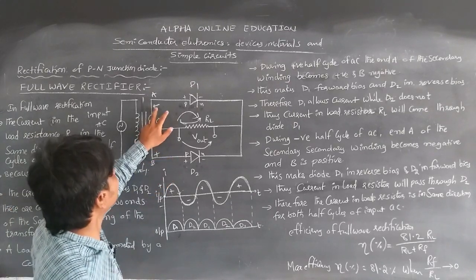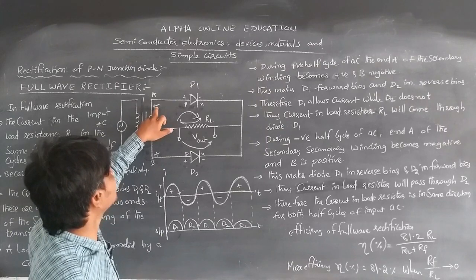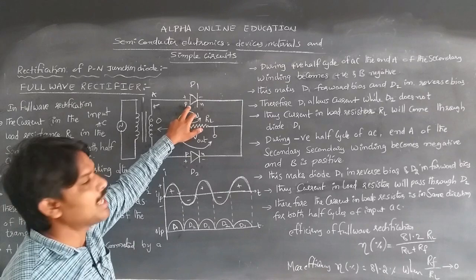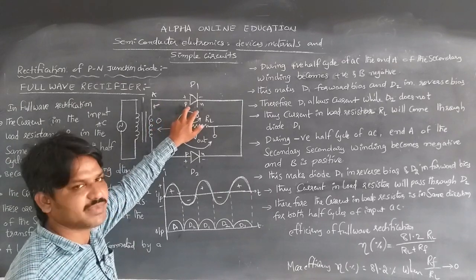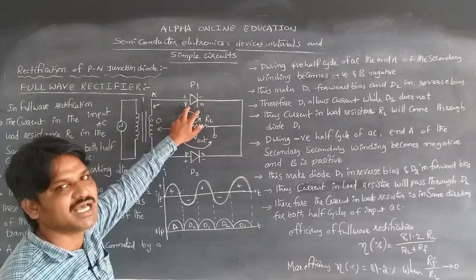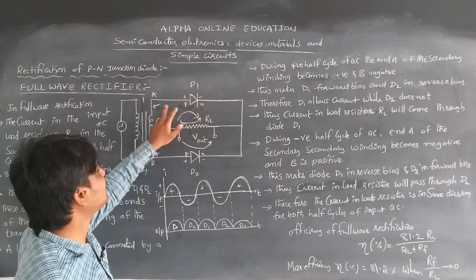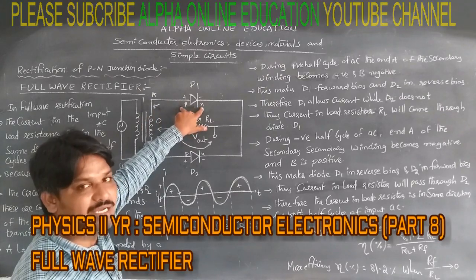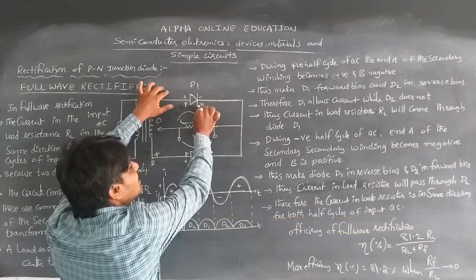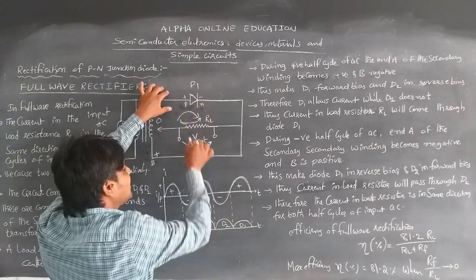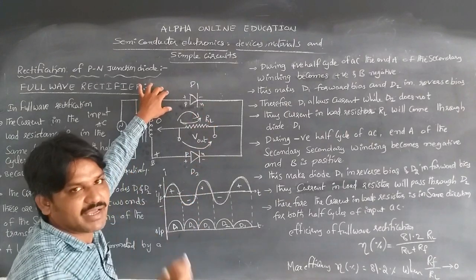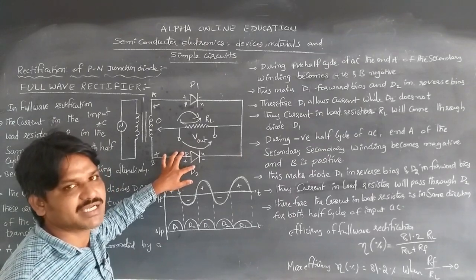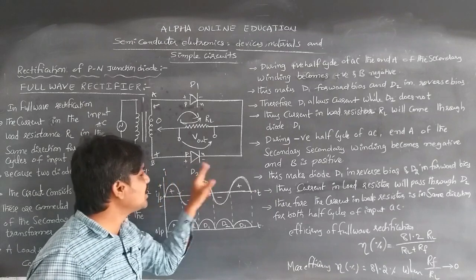Whenever A becomes negative, the A end is connected to the P side of the D1 diode, so it is negative and D1 becomes reversely biased. Then D2 will be in forward bias, and due to the forward bias, current flows through the D2 diode.